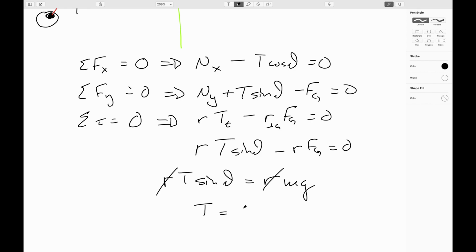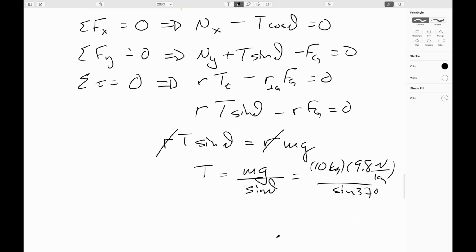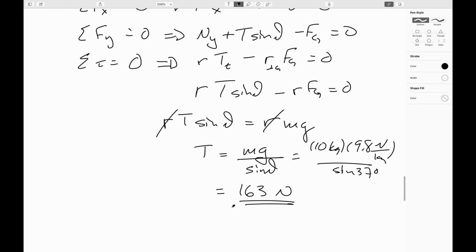We get that the tension is just equal to the force of gravity over sine theta. So this will be 10 kilograms times 9.8 newtons per kilogram over the sine of 37 degrees, which gives me 163 newtons. Cool.